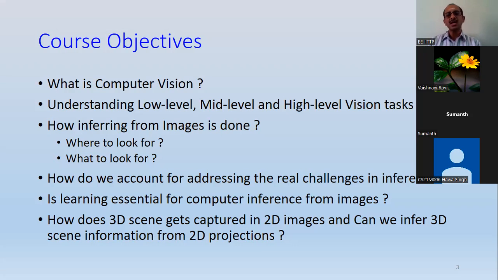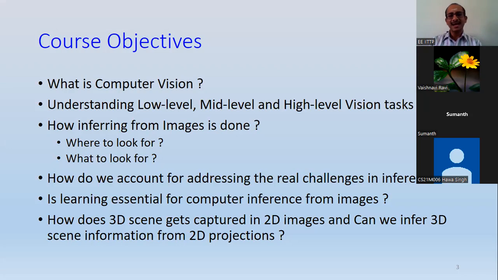This also encompasses inferring from images that a camera takes, or from a video, and so on. This is the broad definition of computer vision. However, as I mentioned, computer vision also has different flavors, so we will see what flavors we would consider.